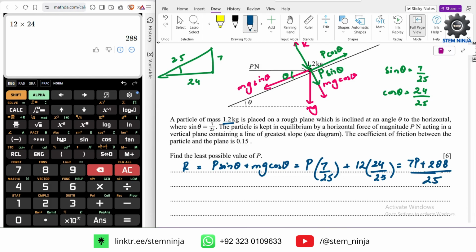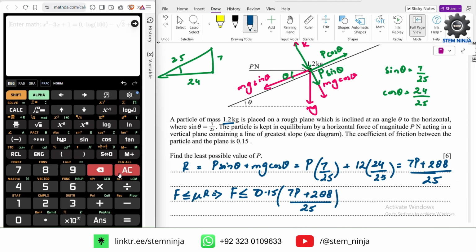So your F is equal to mu R, mu R would be written as 0.15 times 7P plus 288/25. We'll see what the value becomes. So 0.15 divided by 25 is 3/500. We will figure this out later on.